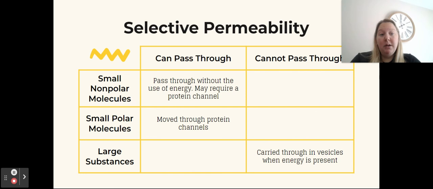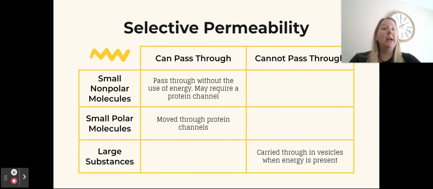Most of the time, they can wiggle themselves through between the phospholipids. Other times, they may require a protein channel. No matter what, this movement does not require any energy expenditure by the cell, meaning these molecules are moving on their own, and the cell does not need to use energy to get them either in or out.